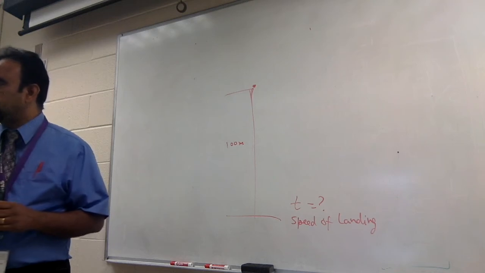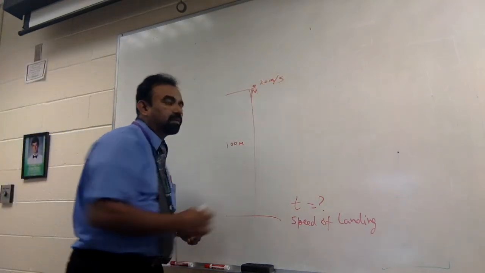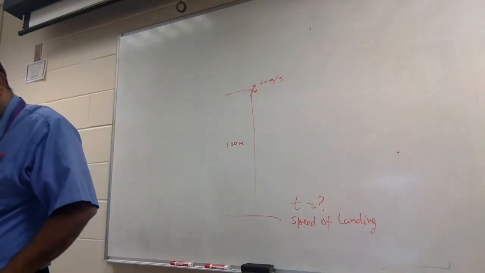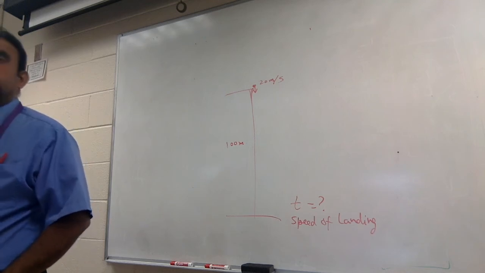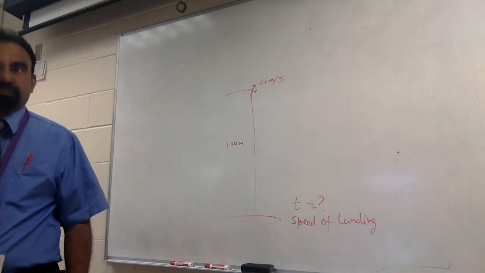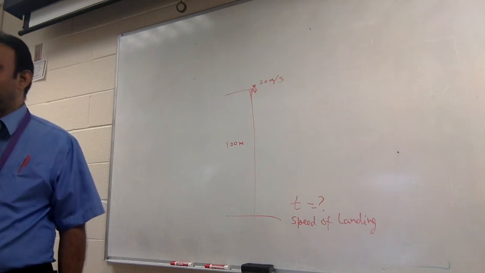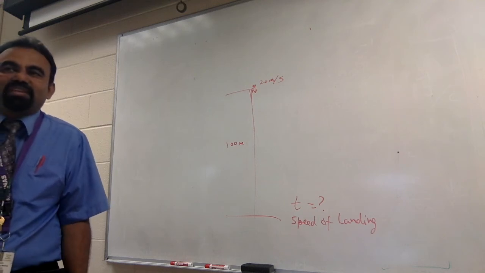A ball is thrown down at 20 meters per second. If you're throwing it down, would it be negative 20? Yes. Those are the things you should take care of. No one is going to say that it's negative.